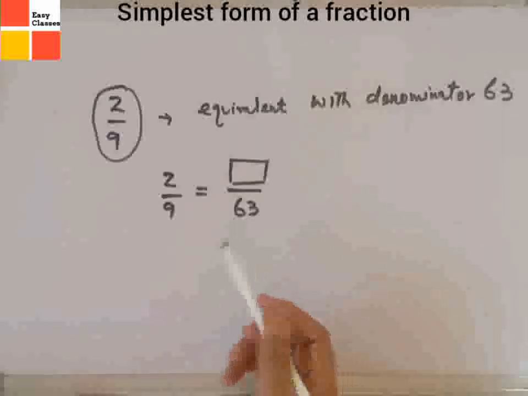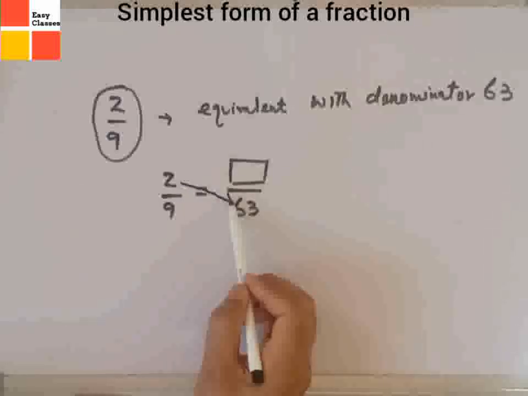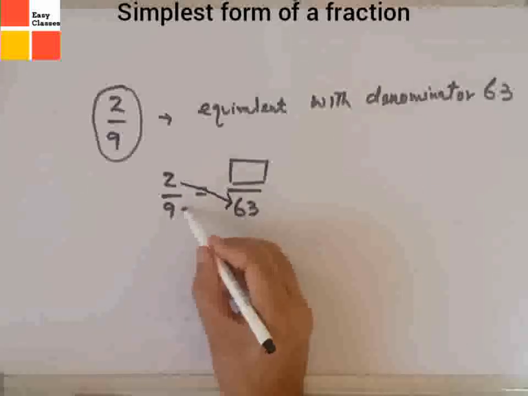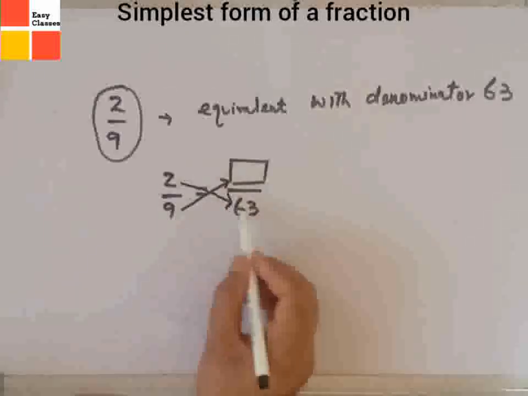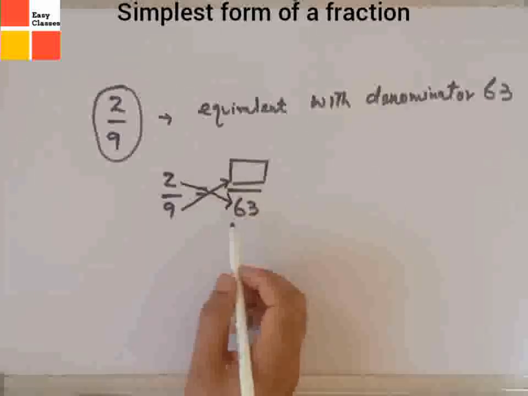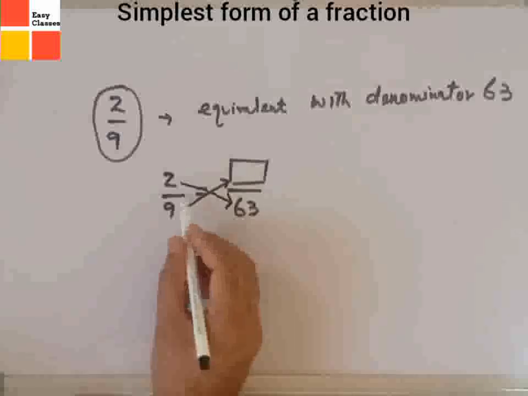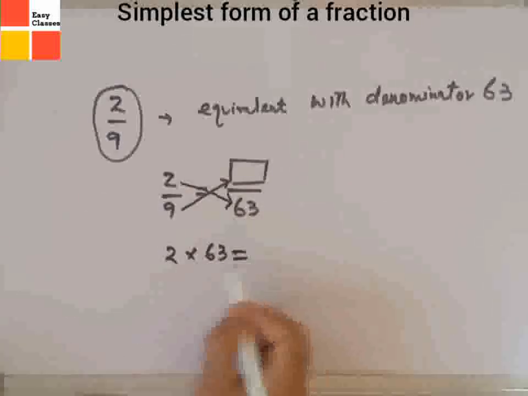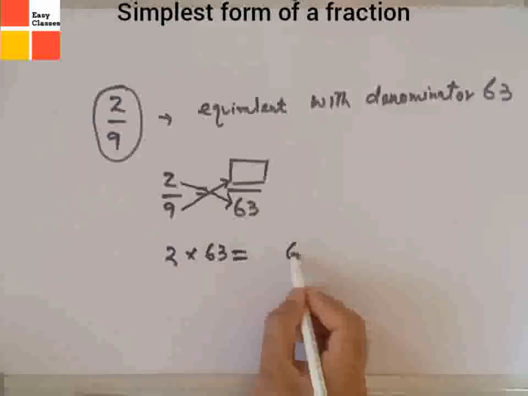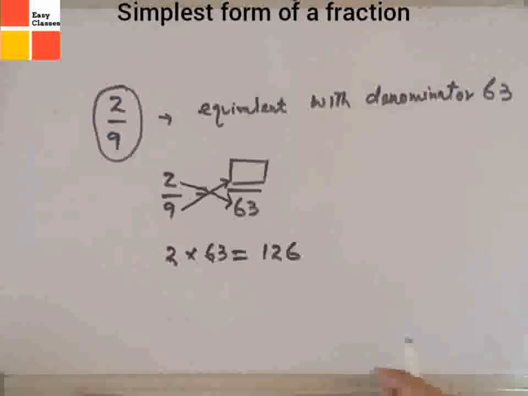You know that when we multiply this with this, and this with this, we will get the same number. So let me multiply these two. 2 into 63, that is equal to 2 3s are 6, 2 6s are 12, 126.